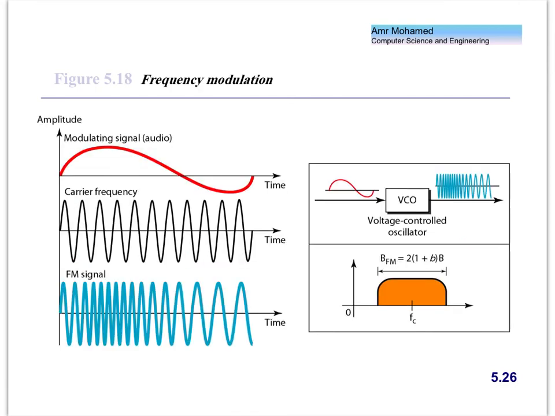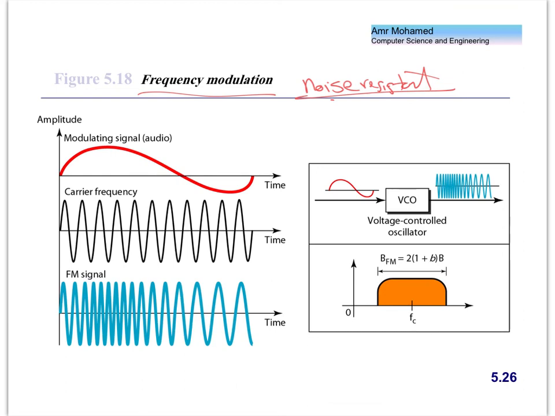Right. So for FM, why do we have FM? Why not stick with AM? Well, FM is again more noise resistant. So that's good. The noise affects the frequency less than the amplitude, and we all know that. So this is again the motivation behind frequency modulation.